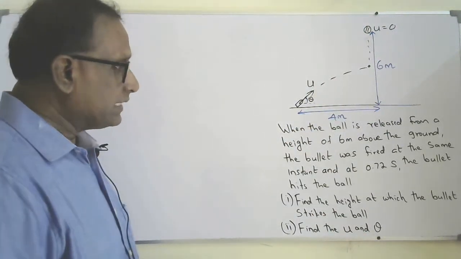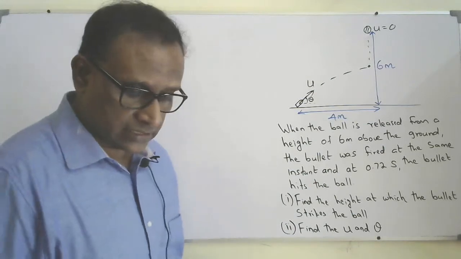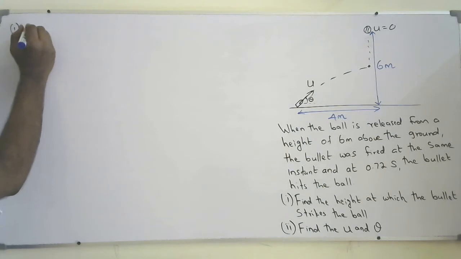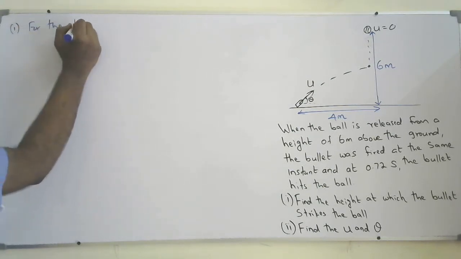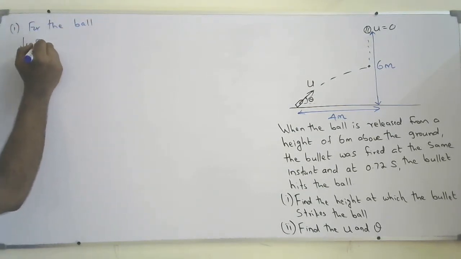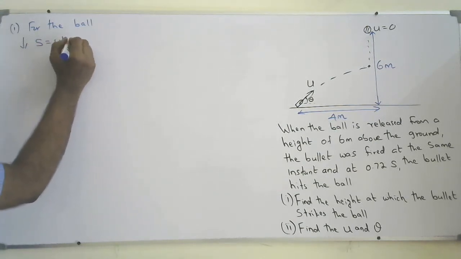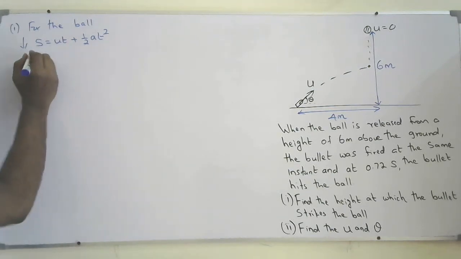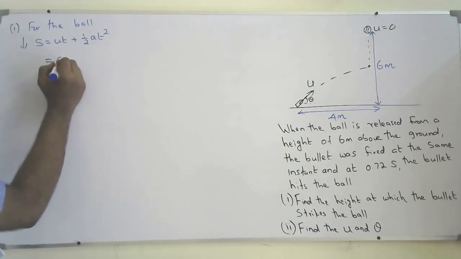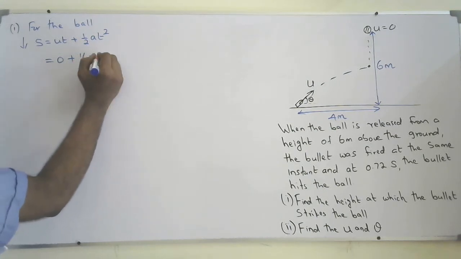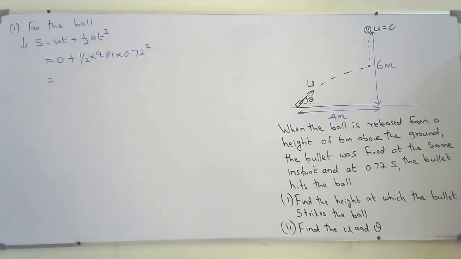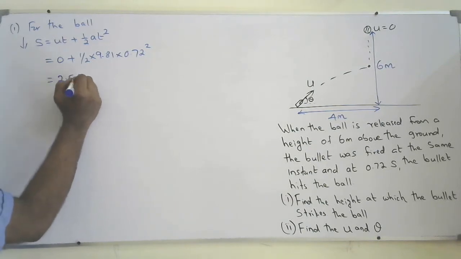First part, find the height at which the bullet strikes the ball. So I can find the vertical displacement of the ball. Downwards, I can use s equals ut plus half at squared. So the height it has fallen, initial velocity is 0, plus half into 9.81 into 0.72 squared, that will be equal to 2.54 meters.